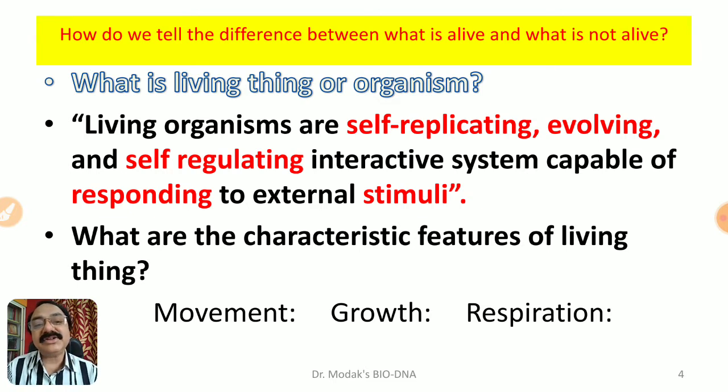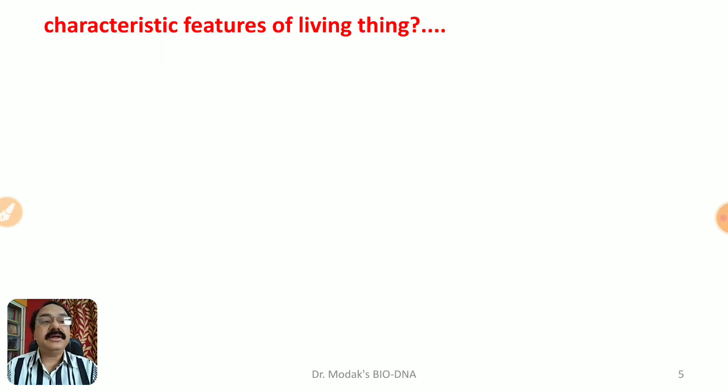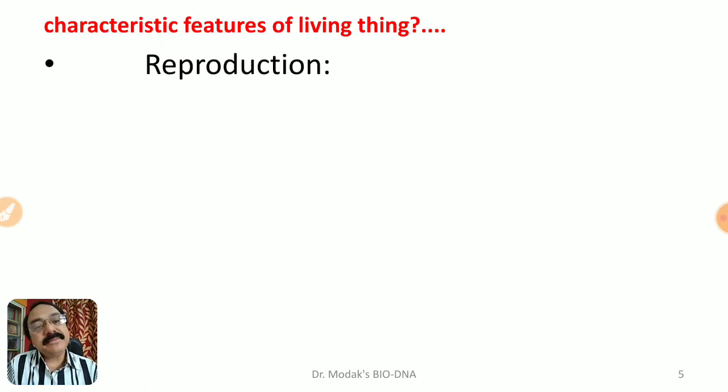Then comes respiration. Yeah, every living organism on this earth, if it is living, it respires. Means each and every cell of that organism brings about oxidation of food to release energy for survival. So respiration is one of the most important identifying features of a living organism. Then comes reproduction. Why reproduction? To multiply the number of individuals of that species for survival.